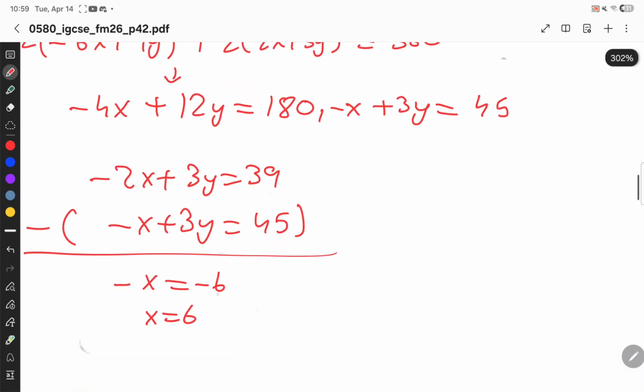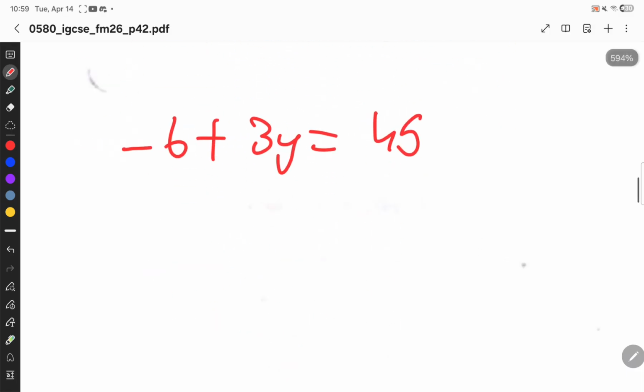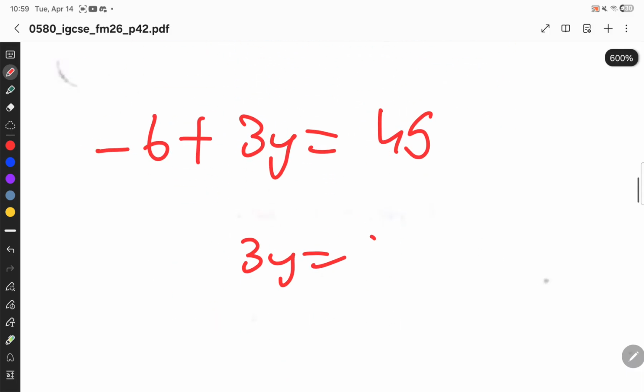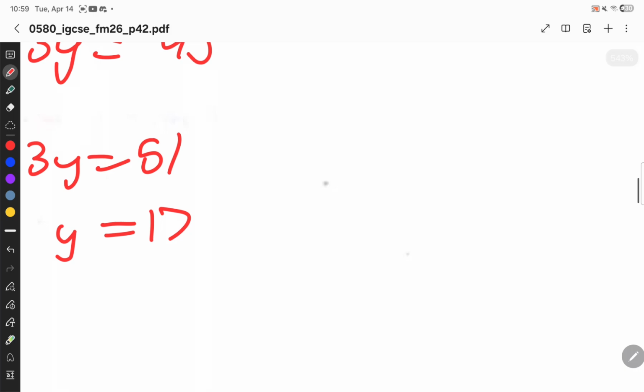Okay, x is 6. Let's plug it into here, and we get negative 6 plus 3y is equal to 45. 45 plus 6 is equal to 51. 3y is equal to 51, or y is equal to 17. And there we go, y is equal to 17.